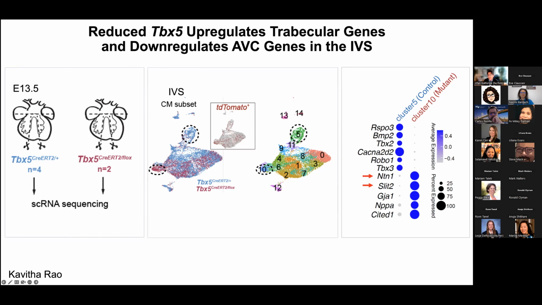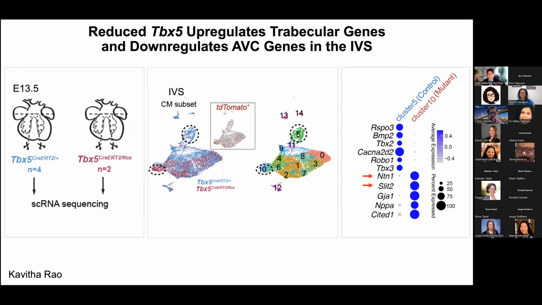What we observed is that in the mutant cluster, there was a reduction in genes that are expressed in the AV canal, AV valve region, and that's shown here. This is a dot plot showing the relative amounts of gene expression between the two clusters. And in the mutants, we also saw an upregulation of trabecular genes.